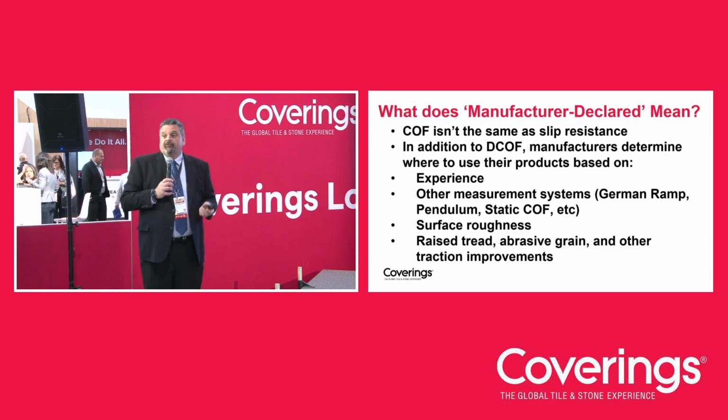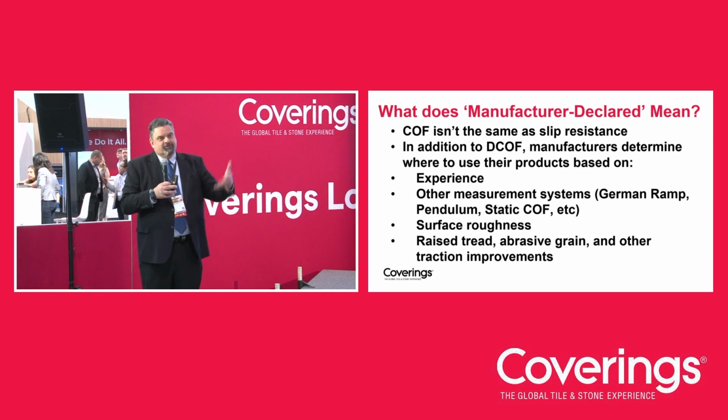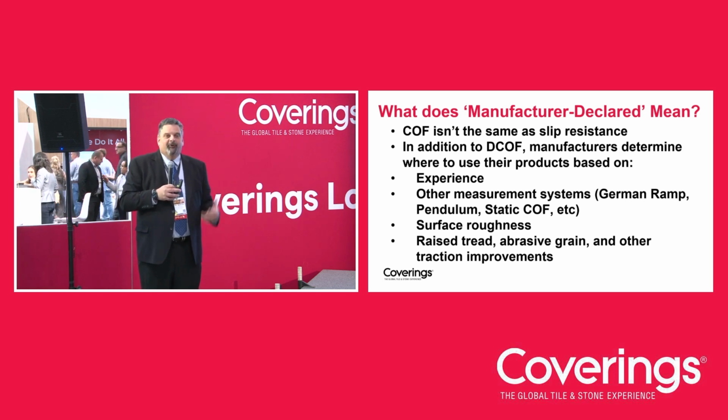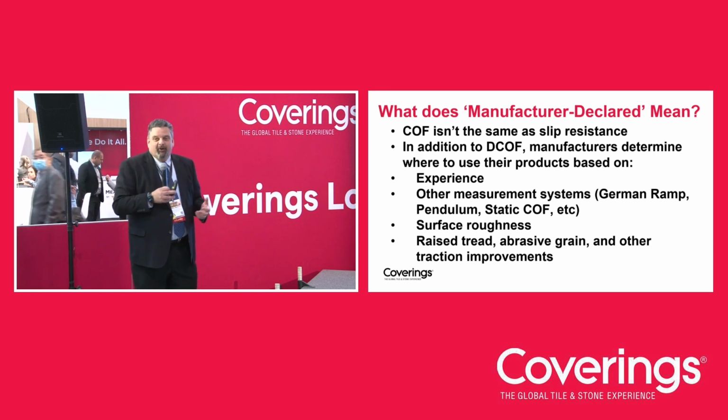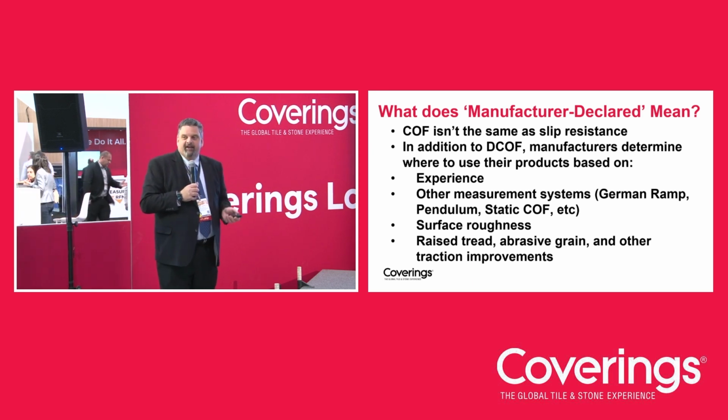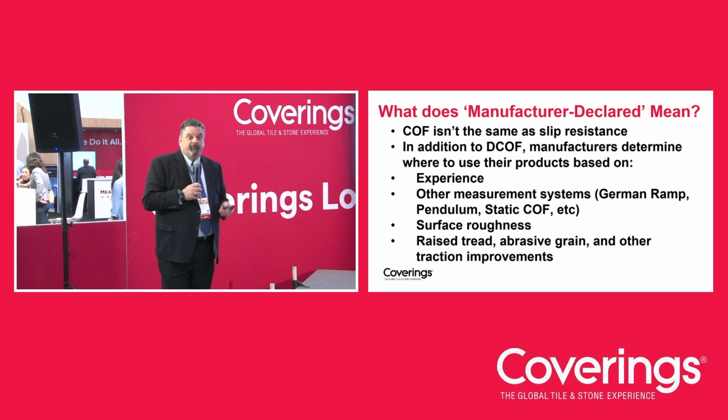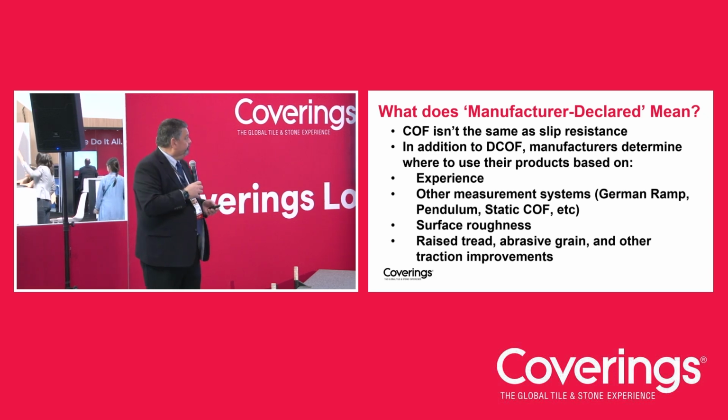There's other measurement systems out there. I've sent some of my products out to have them measured with some of these other systems. There's the German ramp. The German ramp is basically putting a person in standard boots on your tile and then elevating him at an angle until he starts to slide. So that's the long and short of it. It's a pretty interesting test. It takes a little bit of effort, but those are some good numbers once you get them.